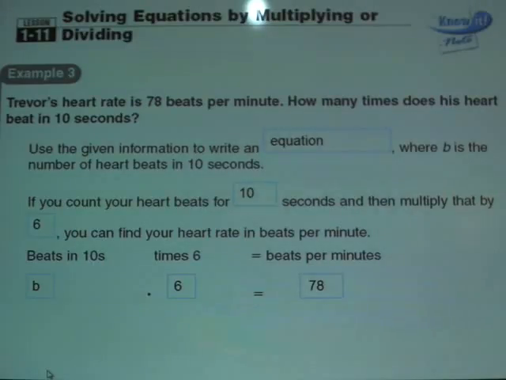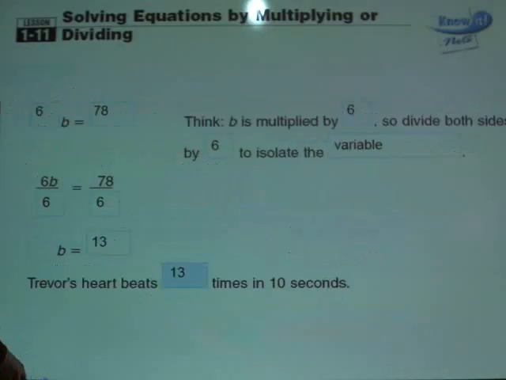Again, why? 10 seconds is the time we found. If we multiply that by 6, that's 60 seconds, which is a full minute. So the number of beats in 10 seconds, B, being multiplied by 6, gives me my beats per minute, which in this case says in the first sentence, 78. It says heart rate is 78 beats per minute. So we're going to solve the equation B times 6 equals 78.